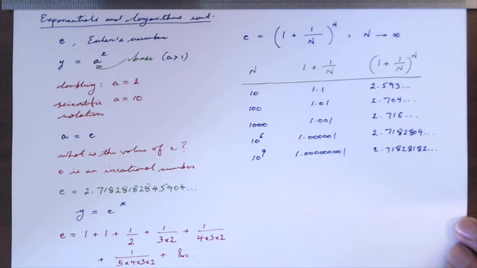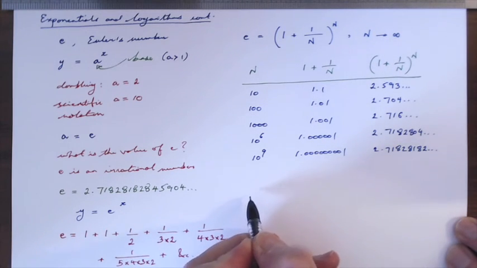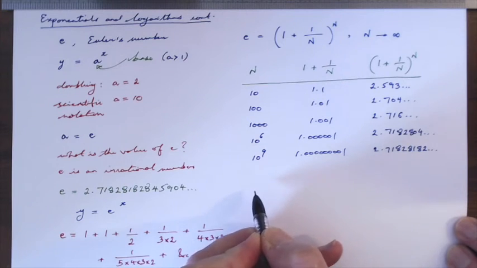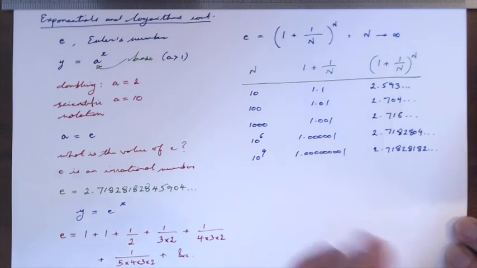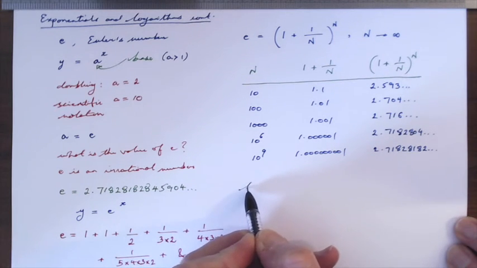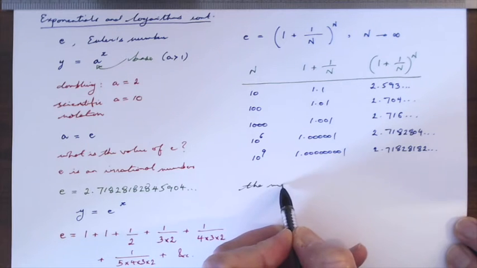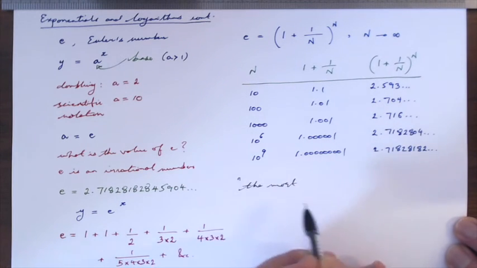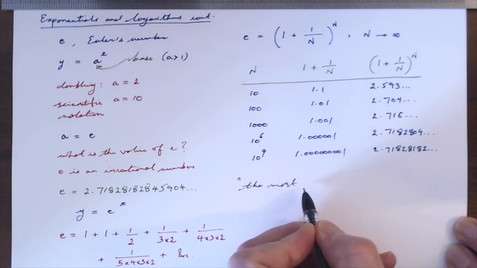this number e is a player in what's sometimes called the most beautiful equation in mathematics, and I think if you're told about the number e, you have to be shown this equation. If it has the name, the most beautiful equation in mathematics, then surely one must be allowed to see this, right?